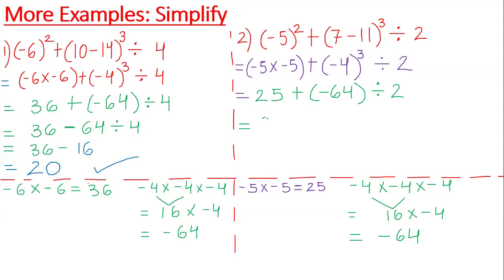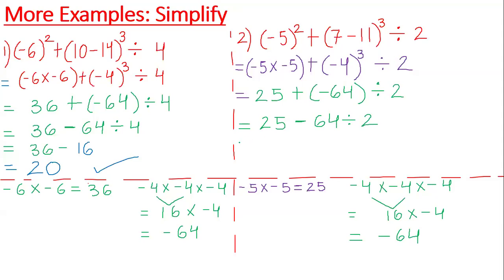What do we do at this point? 25, positive times a negative is a negative. So it's going to be negative 64 divided by 2.